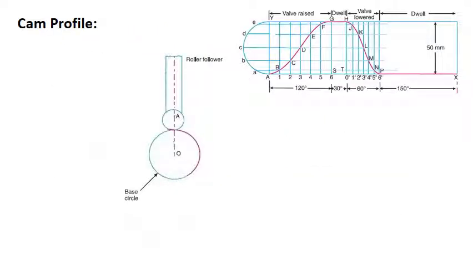Now next we will draw the cam profile. Always we need the displacement diagram to draw the cam profile, as I have already discussed with you. Now first we will draw a base circle which is having radius of 25 mm. Take the center and draw a circle which is having a radius of 25 mm.